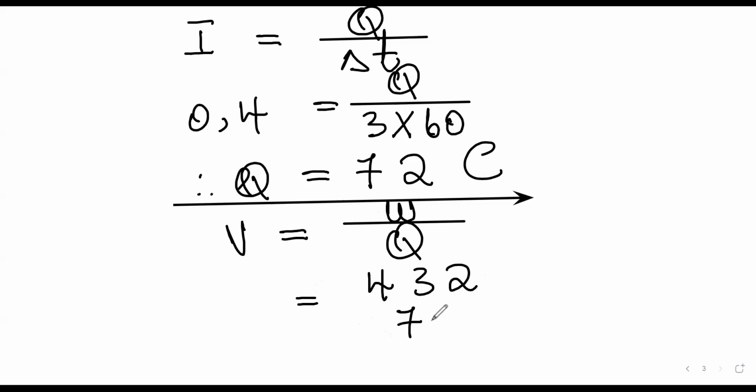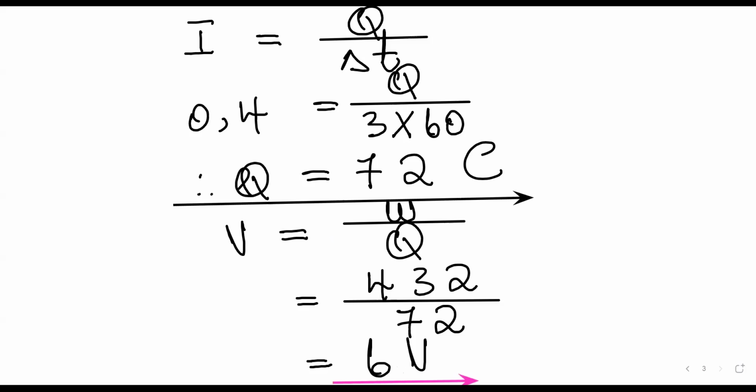And the amount of charge, we just got it now as 72. And so when you say 432 divided by 72, you find that the potential difference across the battery, sorry, not across the battery, but across the light bulb will be 6 volts.